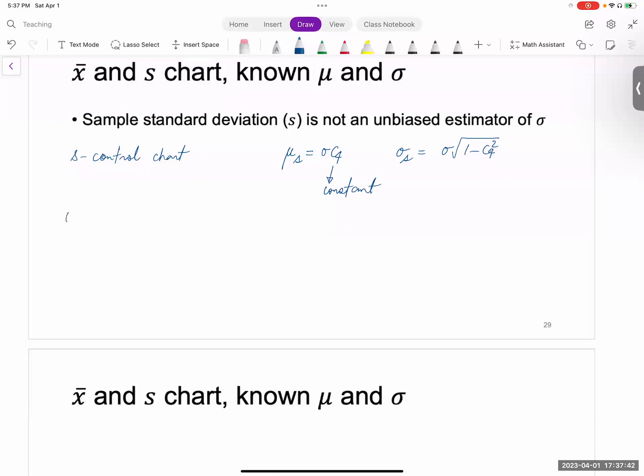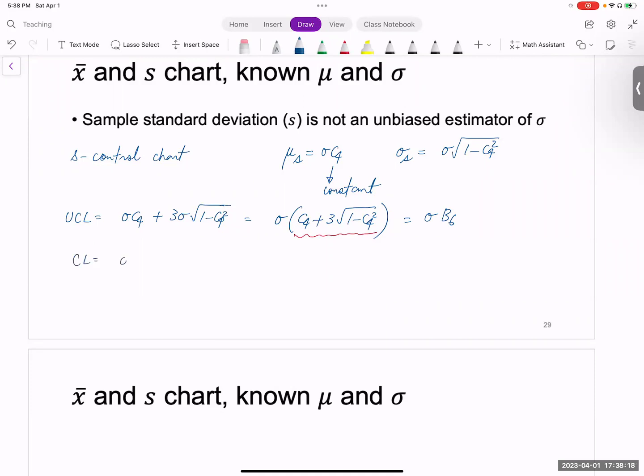Okay, so now let's construct our UCL. UCL is equal to sigma times C4 plus 3 sigma times square root of 1 minus C4 squared. You can take a few things out as a constant. Inside parentheses, C4 plus 3 square root of 1 minus C4 squared. And then this becomes sigma times B6. This constant inside the parentheses is B6.